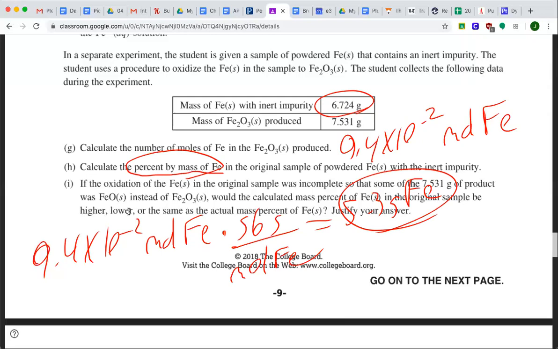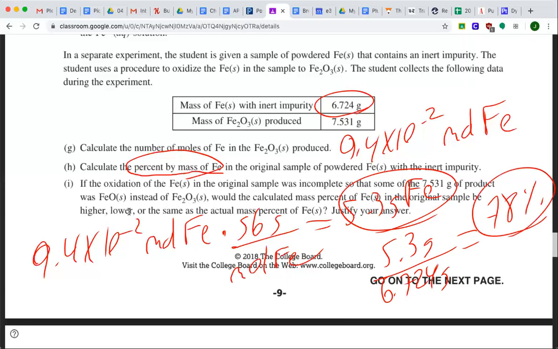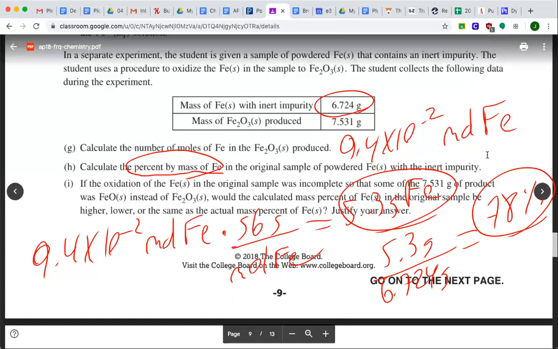Okay, so that many grams of iron, so 5.3 grams divided by 6.724 grams equals roughly 78%. Okay, so 78% by mass of iron. And I'm gonna double check.